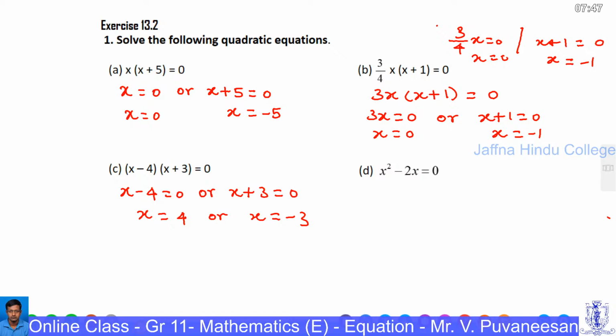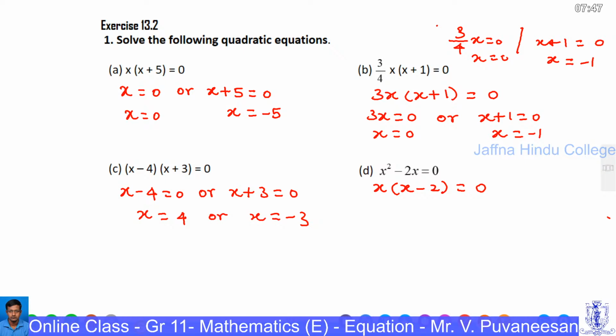Next, the last question: x squared minus 2x is equal to 0. It should be factorized. If we separate x, we get x into x minus 2 is equal to 0. Factorized means written as a product of two terms, x into x minus 2.